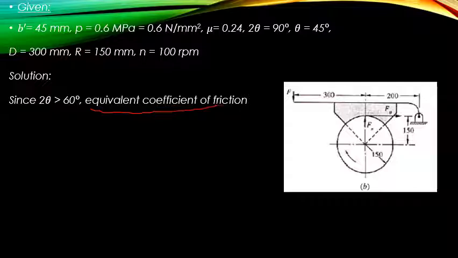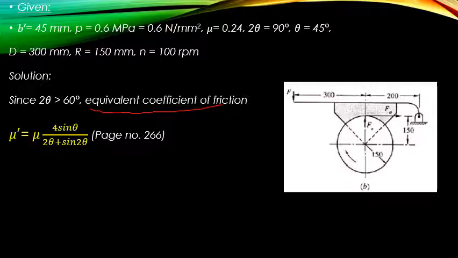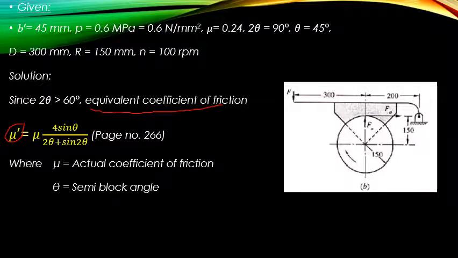Because when 2 theta becomes more than 60 degrees, the pressure will be lesser at the ends of the block or shoe than at the center. So we have the equation for finding this equivalent coefficient of friction mu dash from the design data handbook, that is mu into 4 sin theta by 2 theta plus sin 2 theta, where mu is the actual coefficient of friction.